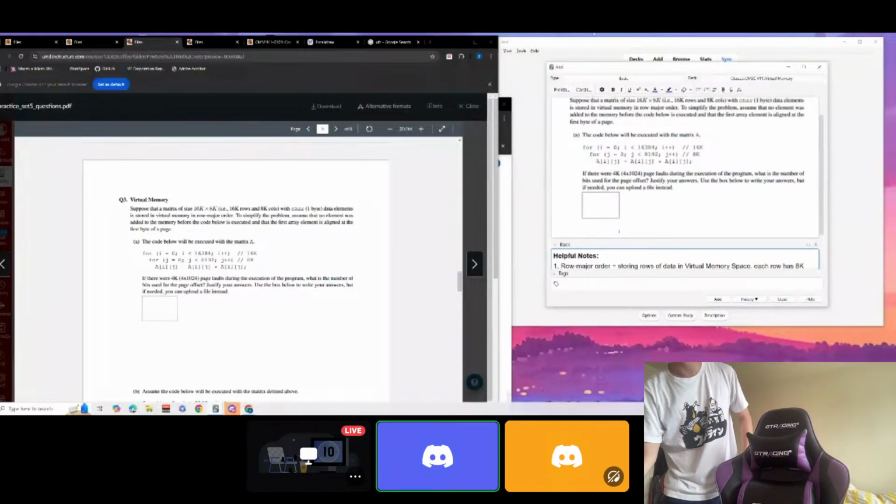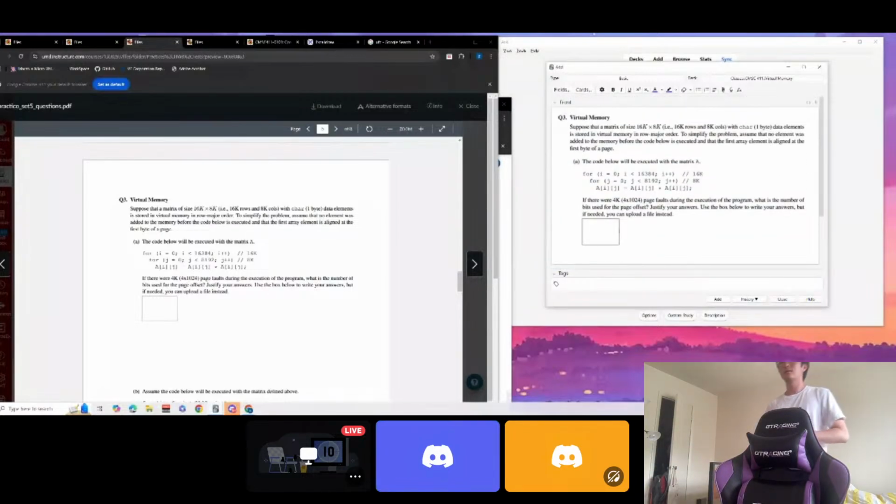Well, we're given that the matrix has size 16K by 8K. Maybe we could find the page faults.